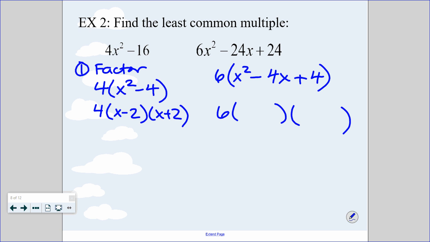Amber, how does that factor? Okay, so those are my two denominators, or my two expressions in this case.